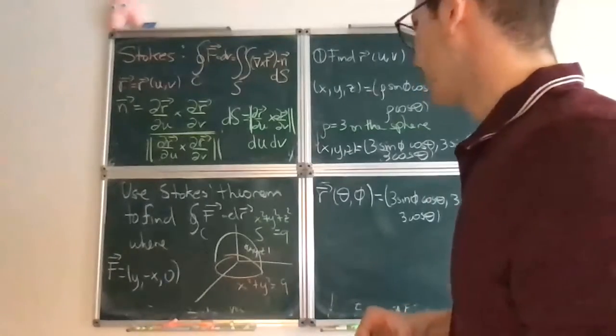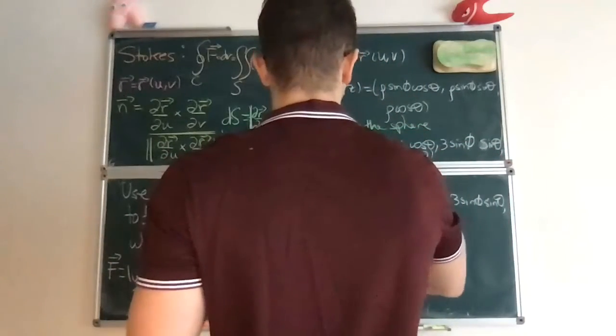So in order to find the normal vector and everything else, we have to first compute these partial derivatives.